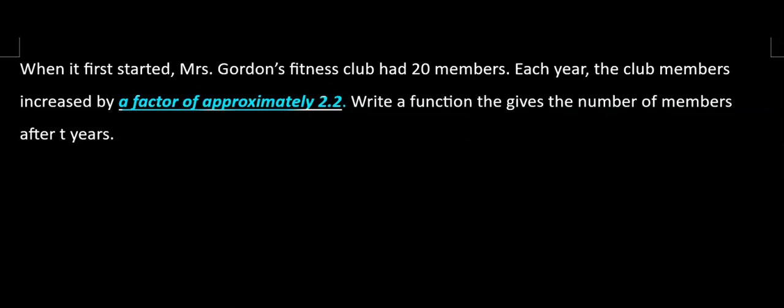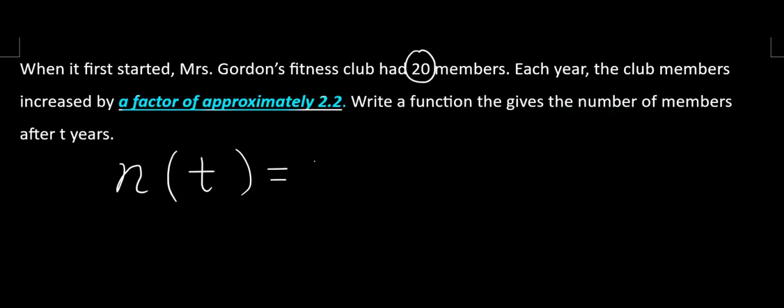Now, by a factor of approximately 2.2, we're going to write a function that gives the number of the members after t years. So t is our input. As time grows, the number of the people who do exercise grows. That's good news. Wonderful. How many do we start with?